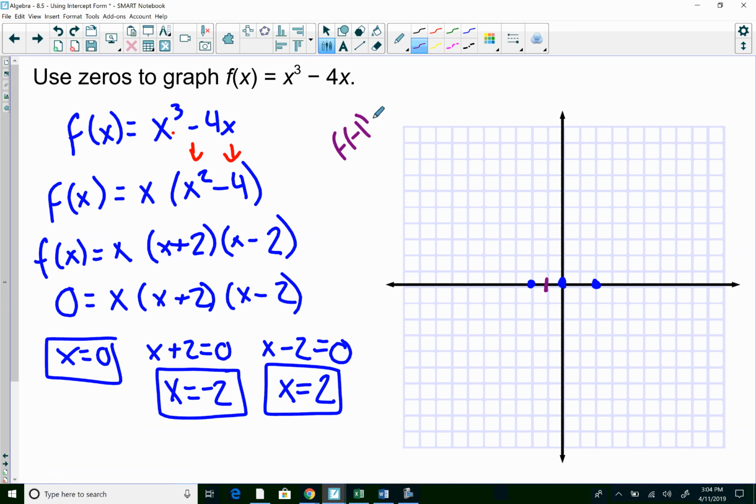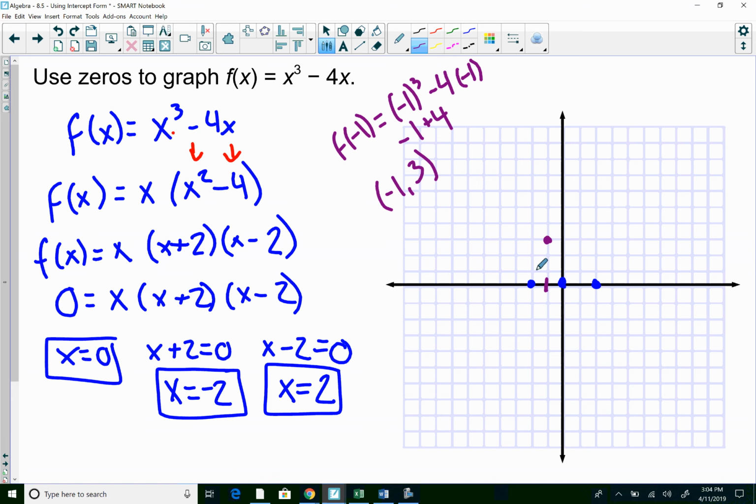So figure out f of negative 1. Negative 1 cubed would just still stay as negative 1. 4 times negative 1 would be positive 4. So you have a point at negative 1, 3. So go ahead, plot that point.